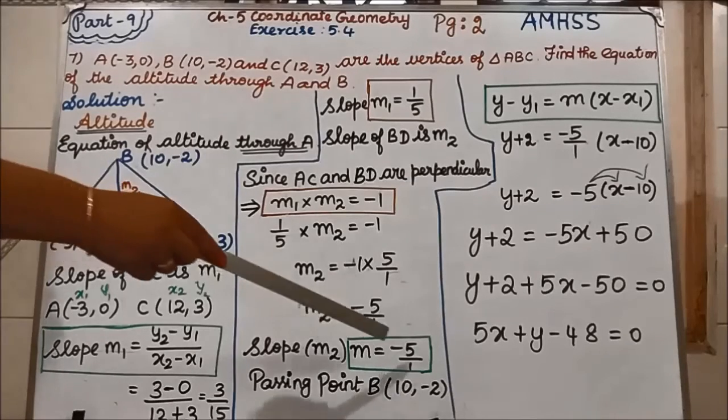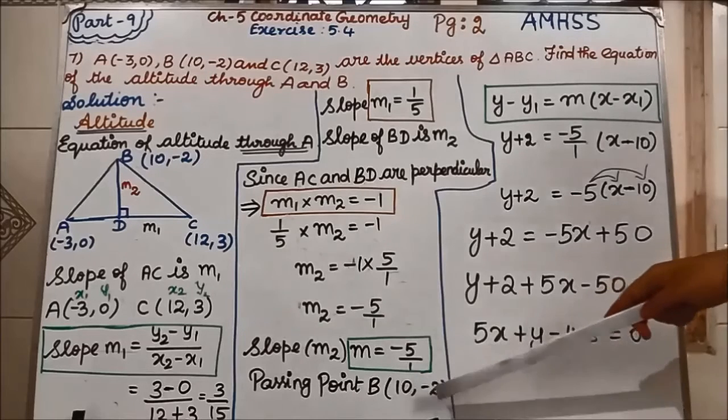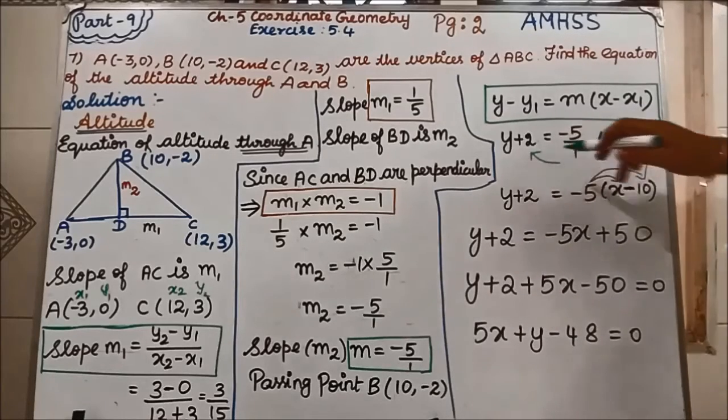The m value is minus 5 by 1. The next step, in the bracket we have x minus x1. x1 is 10. This is our x1, this is our y1, isn't it? So x1 is 10.